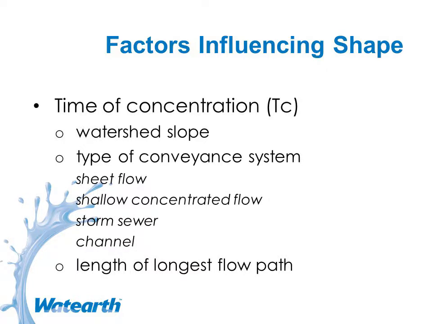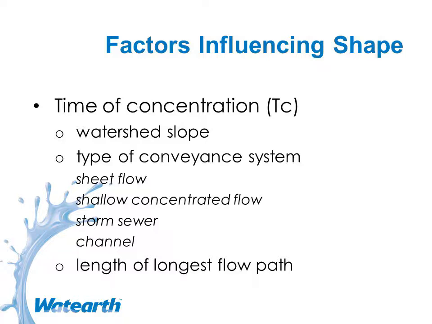All right, so the time of concentration. Is everybody familiar with time of concentration? Okay. So you've got different types of flow paths within the watershed. That time of concentration, or travel time, if you will, is going to be based on the slope, and on what the water's flowing through and over.